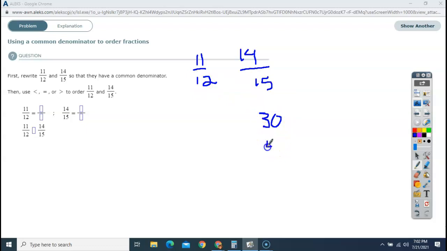If I do times, see, 15, 30, 45. 12 doesn't go into 45, but it does go into 60. So I had to do times 2, times 3, times 4. I had to multiply this times 4.